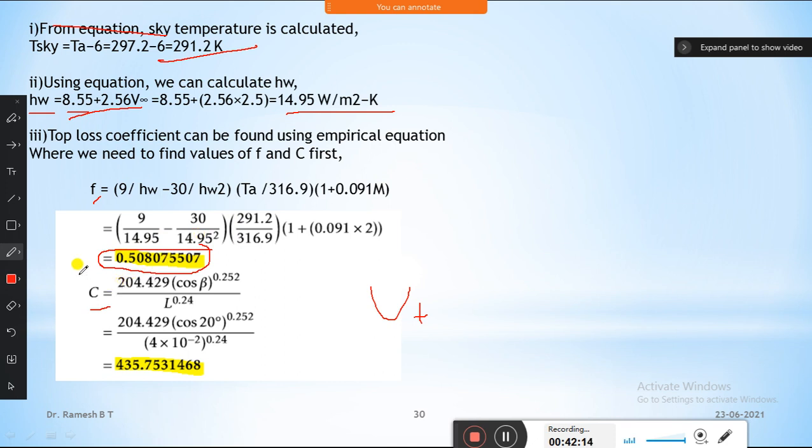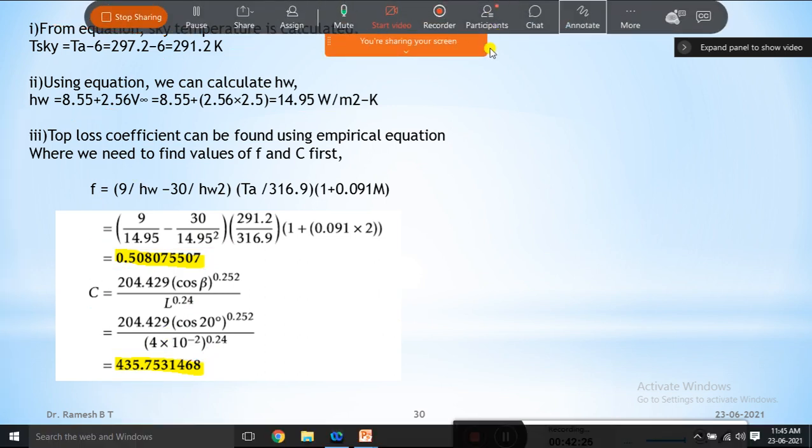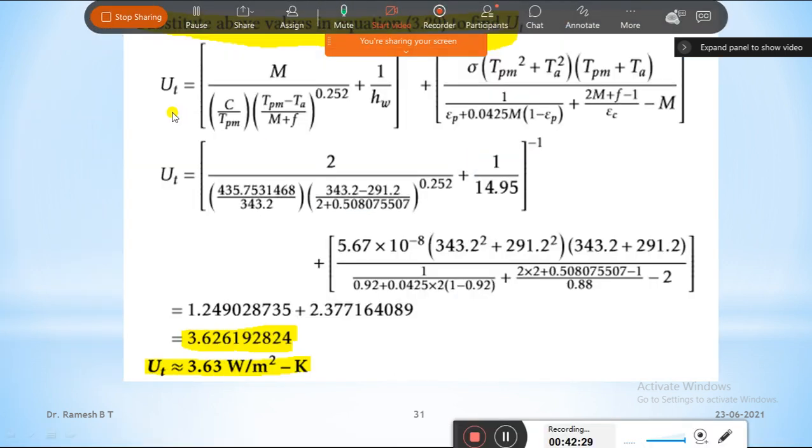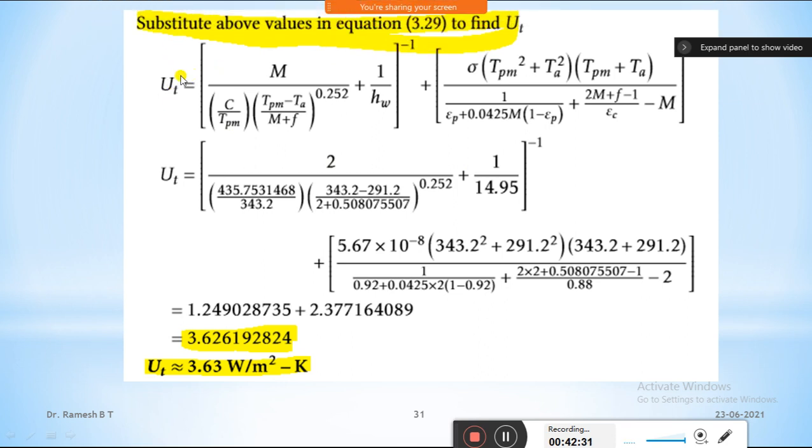And C also we have that equation, and for that we need beta. They have given beta as 20 degree in the problem. If you substitute that, we will get the C value. Once we got C and F, we know the UT equation, which you should remember.